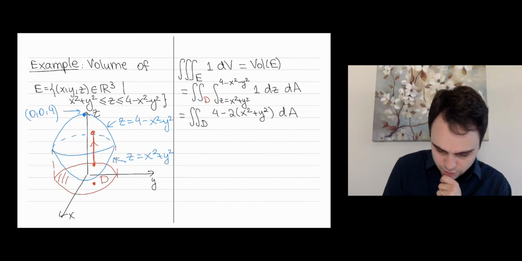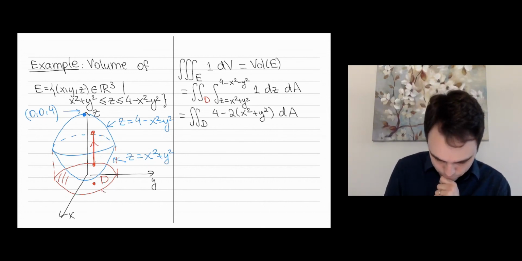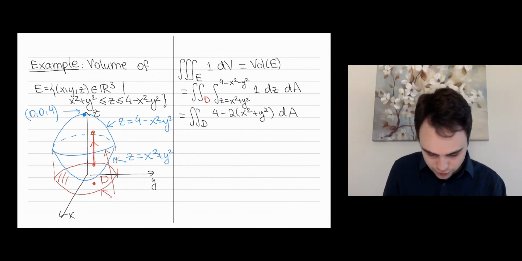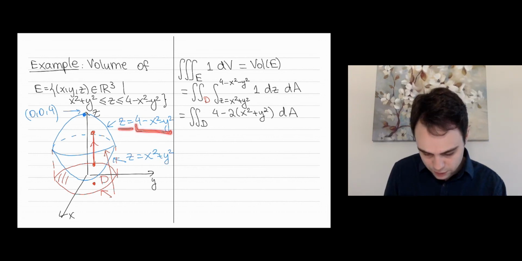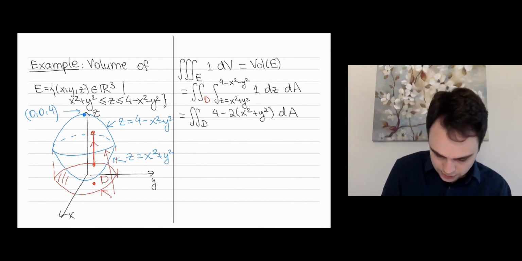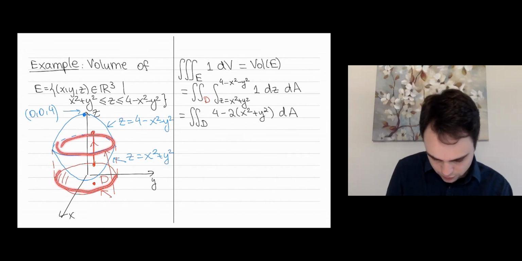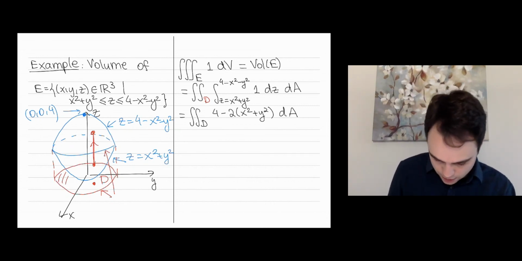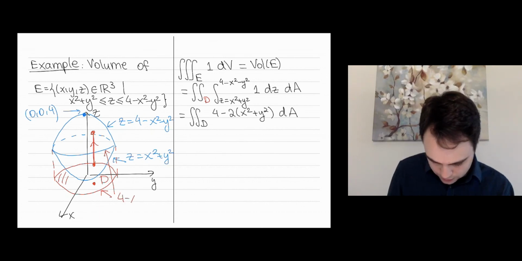So on this curve here, where the two paraboloids meet, z is equal to 4 minus x squared minus y squared, but also z is equal to x squared plus y squared. So on these two curves, I know that 4 minus x squared minus y squared is equal to x squared plus y squared.